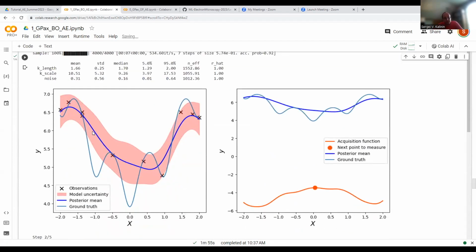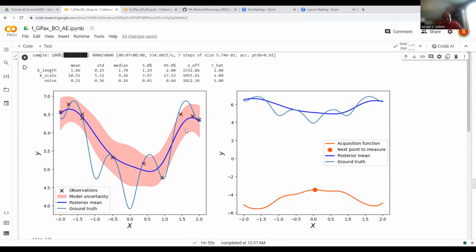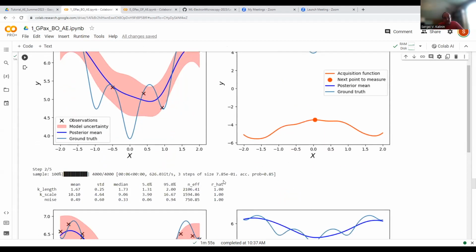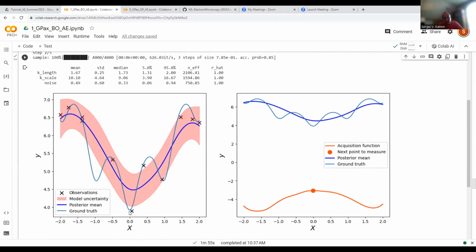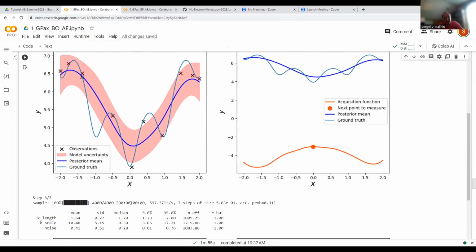As before, these are our measurements. The blue curve is our reconstruction, and the red interval around it is our uncertainty. Given the blue curve and the uncertainty, we calculate the acquisition function. In this case, the maximum of the acquisition function is here, which tells us that the next measurement is going to be done in this location.